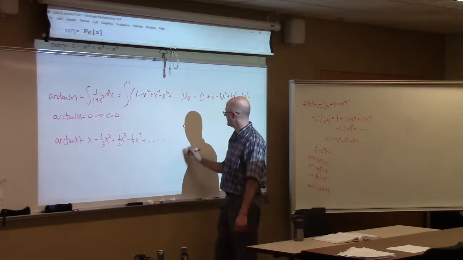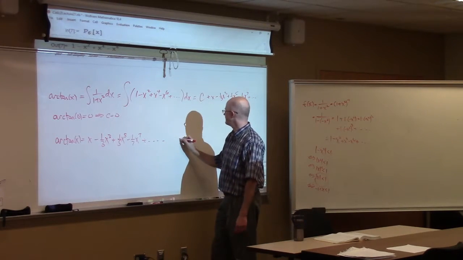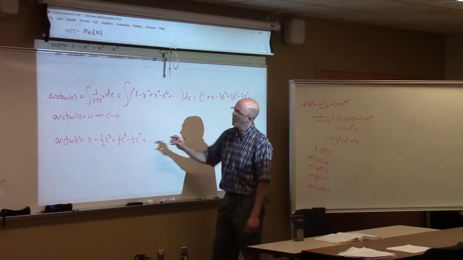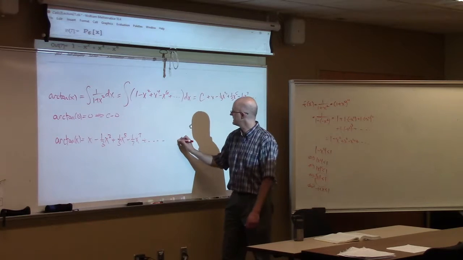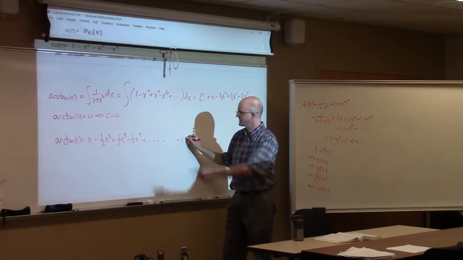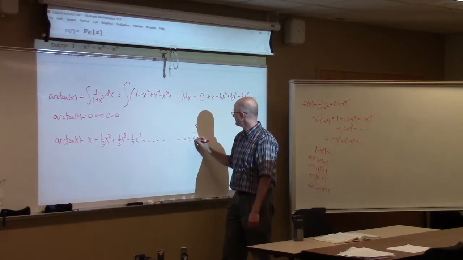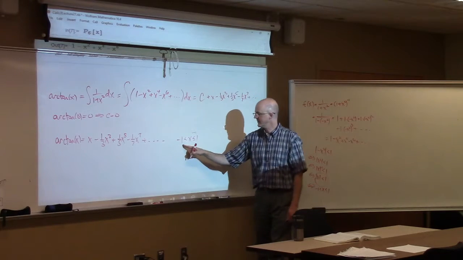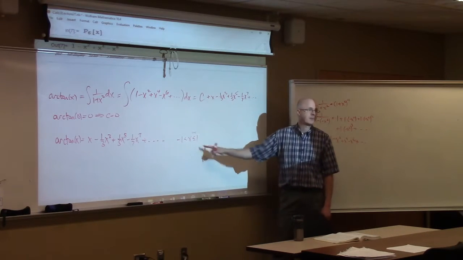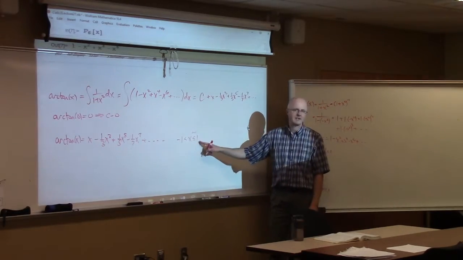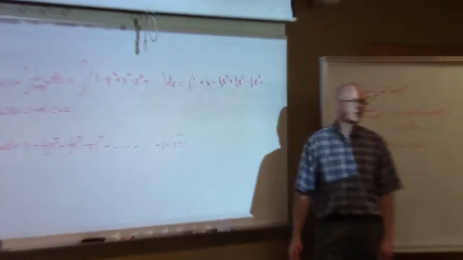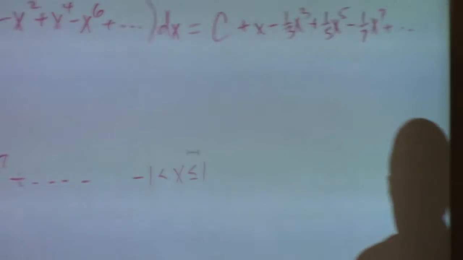You can include x equals 1 as part of the domain where this works. This is a true equation when x is strictly bigger than -1 but less than or equal to +1. We added 1 point, x equals 1, to the interval of convergence. Not a real big deal.